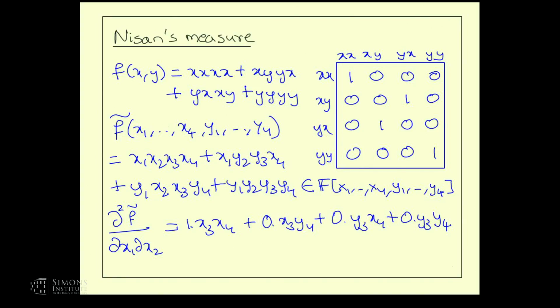I'm writing it in a verbose way, but it's really just x3 times x4, written as 1 times x3 x4 plus 0 times x3 y4 plus other things. This is exactly the first row of my matrix. So one way of interpreting the coefficient matrix that we use to define Nisan's measure is that the rows of this matrix are just partial derivatives of this polynomial corresponding to variables that appear in positions 1 and 2.